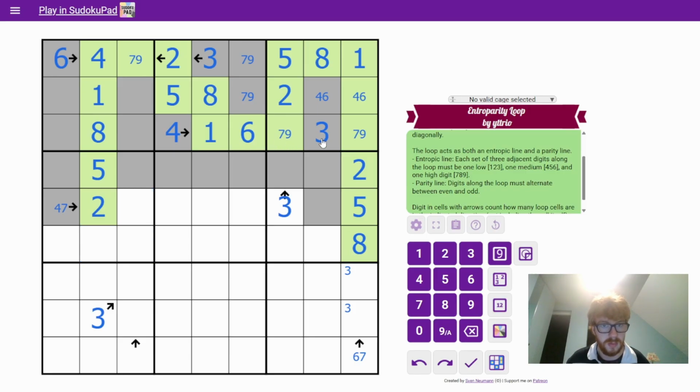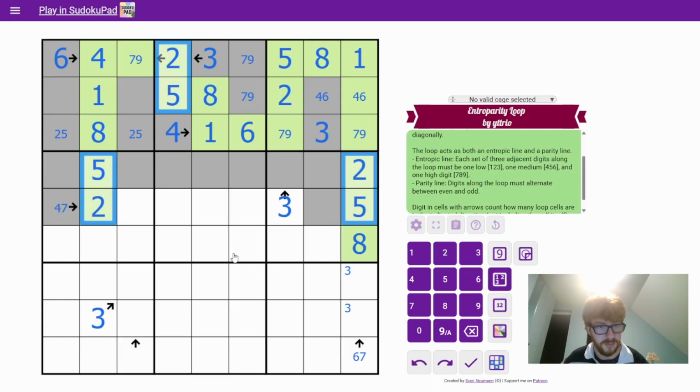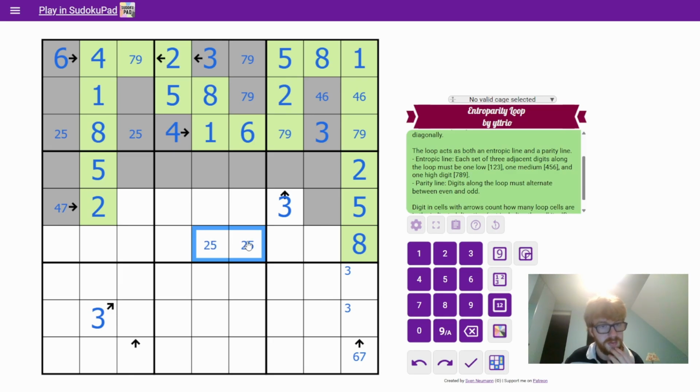Sudoku? Maybe? One of those is a 3, I sort of know. This is a 2-5 pair. That's a 2-5 pair, so that's a 2-5 pair. Interesting.